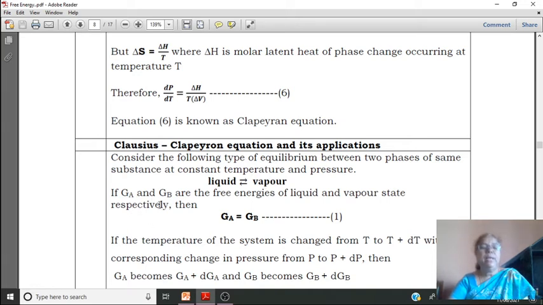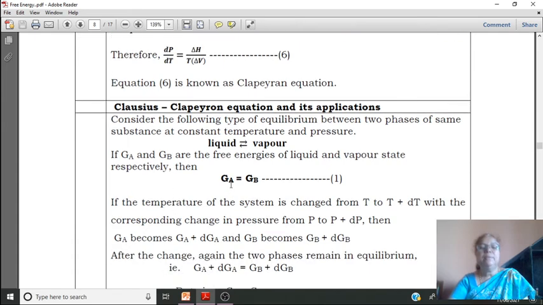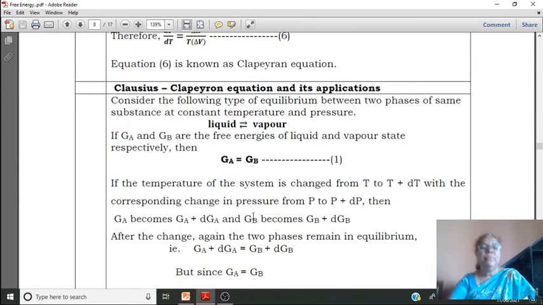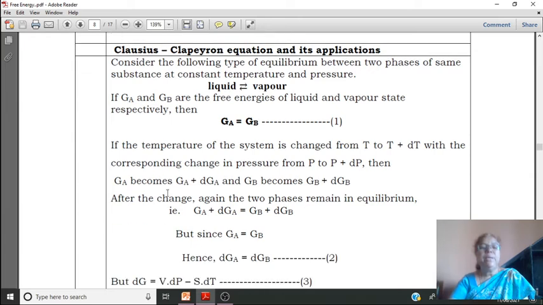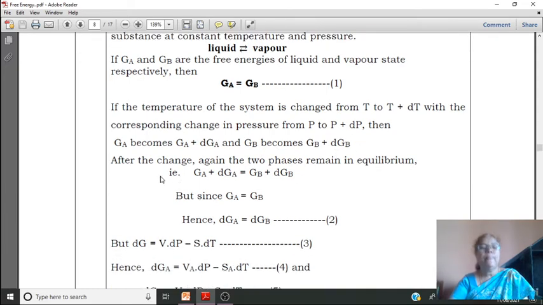If Ga and Gb are the free energies of liquid and vapor state respectively, then Ga equals Gb. If the temperature of the system is changed from T to T plus dT with the corresponding change in pressure from P to P plus dP, then Ga becomes Ga plus dGa and Gb becomes Gb plus dGb. After the change, again the two phases remain in equilibrium.